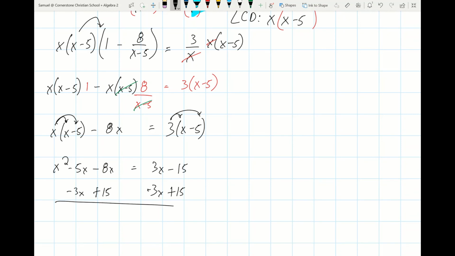Be careful, it may have been more helpful to combine these two things first. Let's just go ahead and do that. Negative 5x minus 8x is going to be a negative 13x.